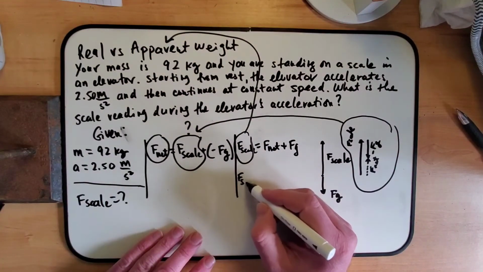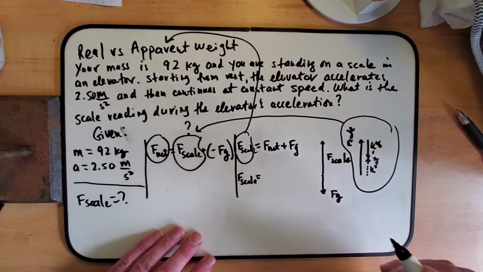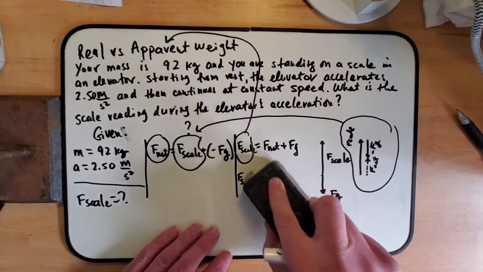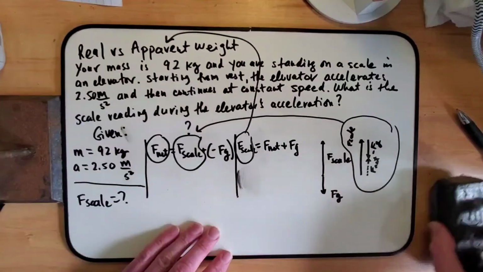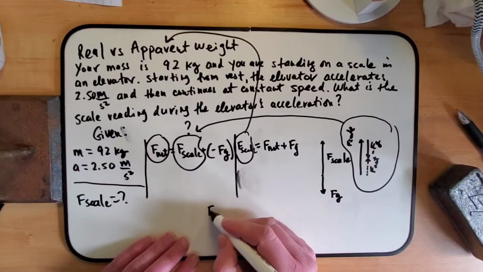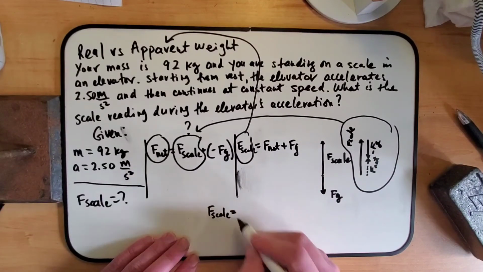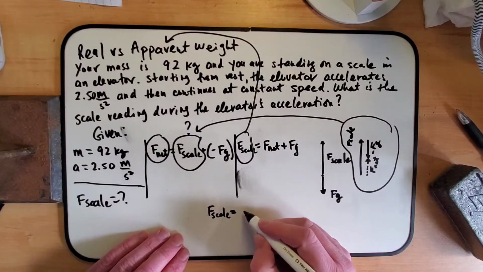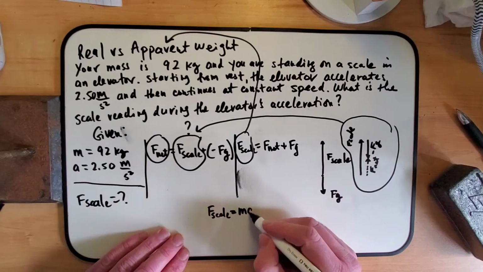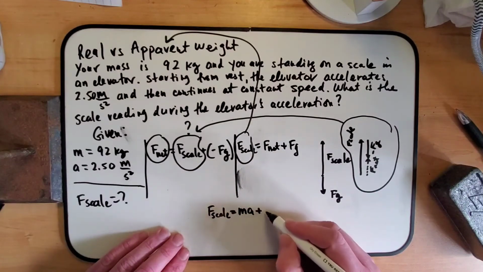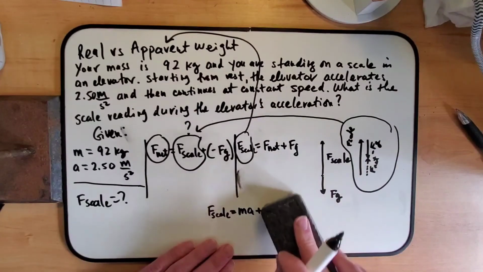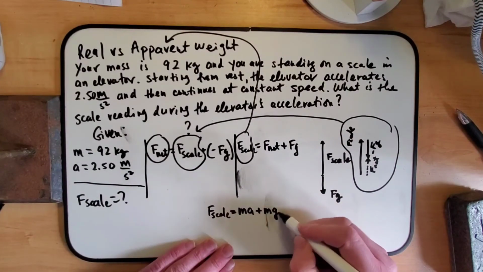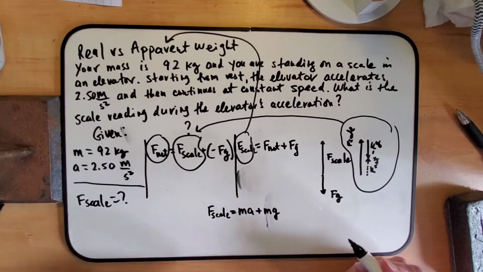So F scale is equal to, I'm going to lower it a little because I may not have space here. So F scale is equal to F net, which will be the mass times the acceleration, plus Fg, which is nothing else, guys, than your mass times g, the acceleration due to gravity.